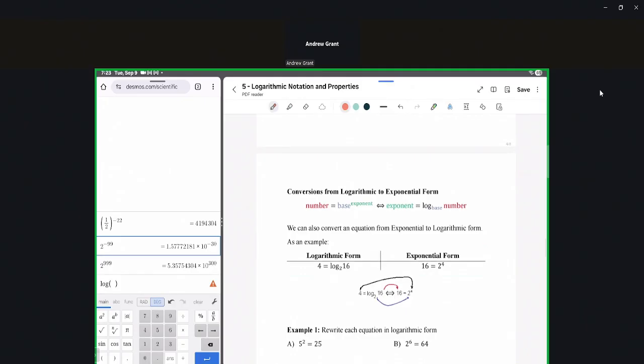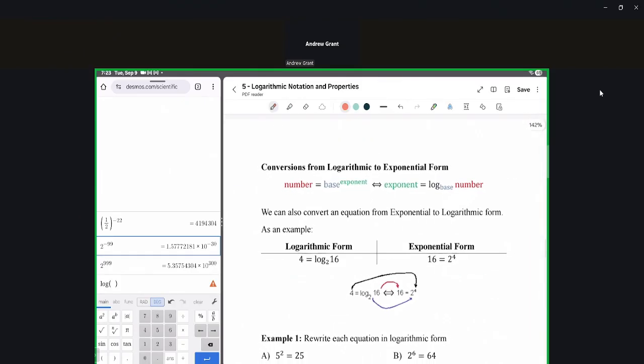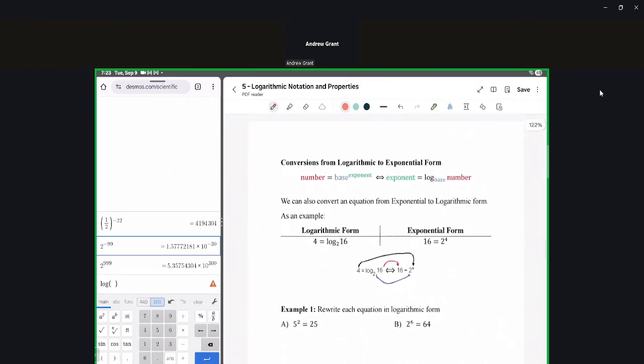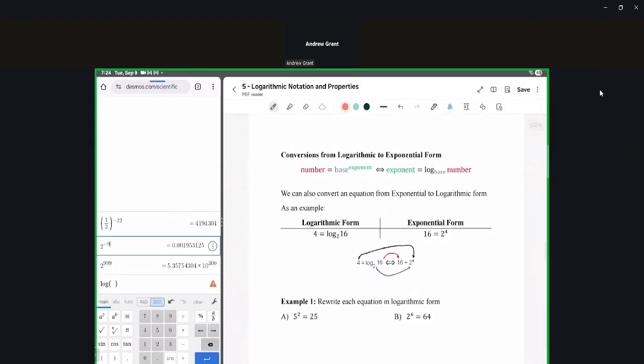Okay, so here's the key to making all of these things work. So now the interesting thing becomes, how does this work? What do we do with it? Well, if we want to convert from the logarithmic to the exponential form, we know that the number is equal to the base to the power of the exponent, which is the same thing as the exponent equaling the log base, the base, of that number.